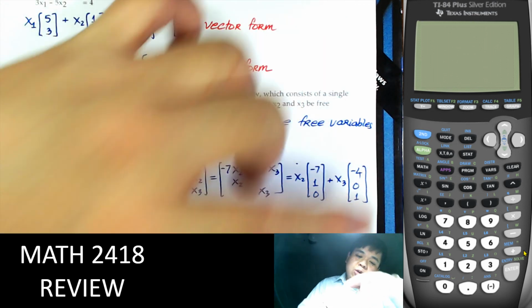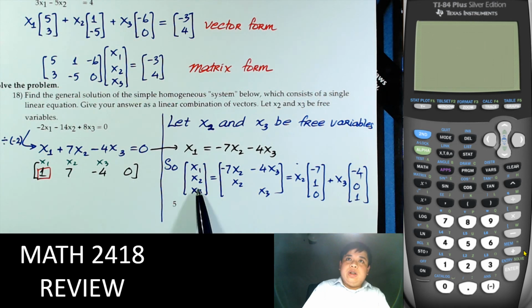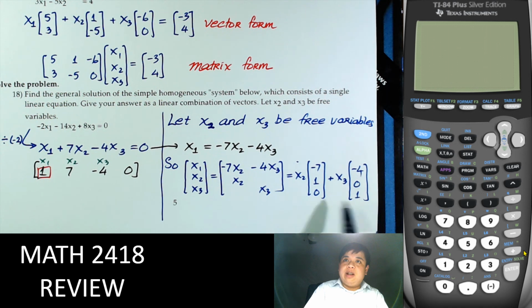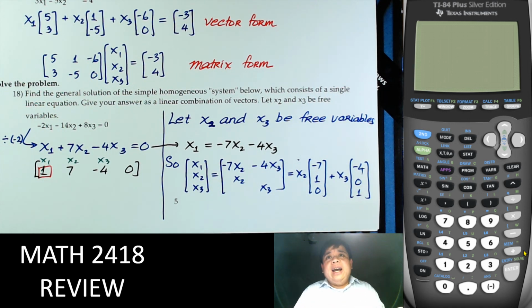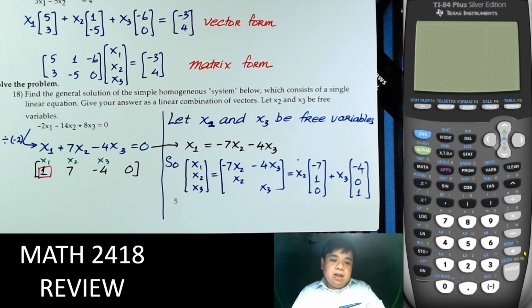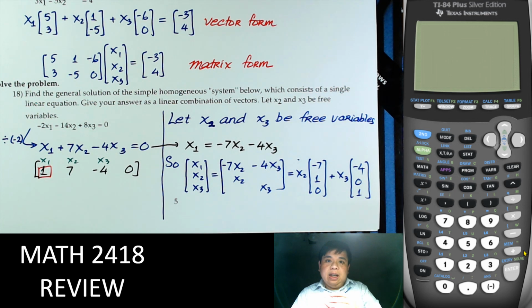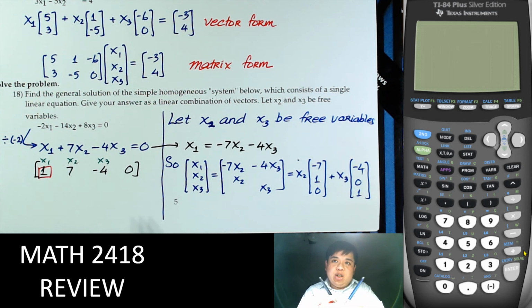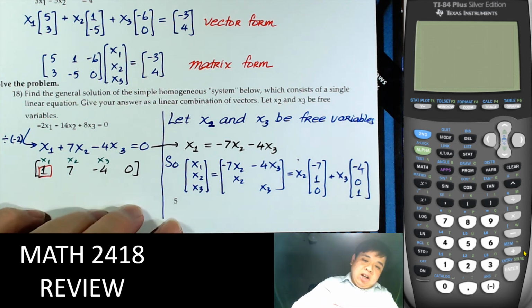As you see, the solution is the linear combination of these two vectors. These two vectors are in R3, so we have a solution in R3. However, it only has two vectors, so the answer is going to be a plane in R3.